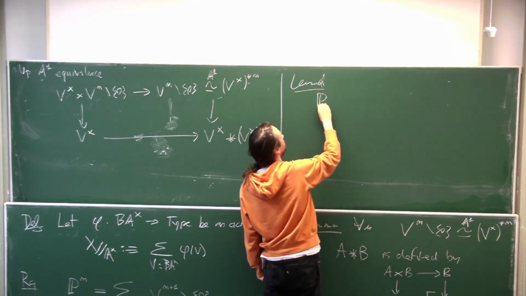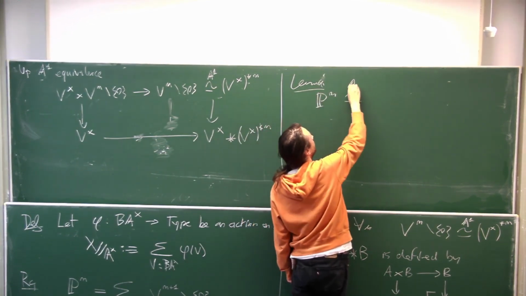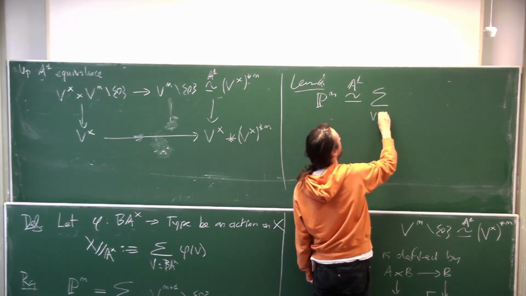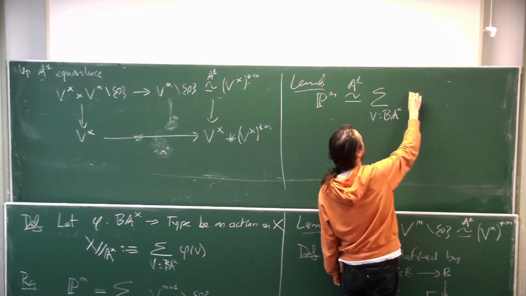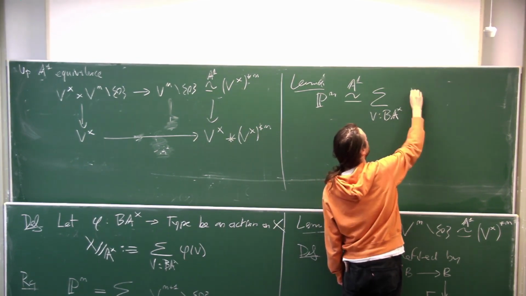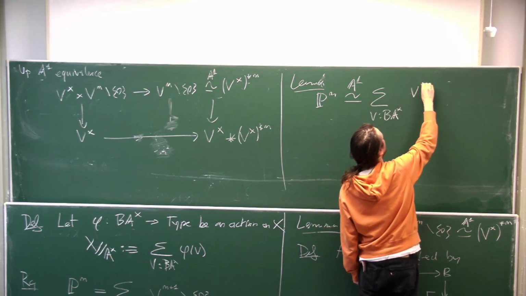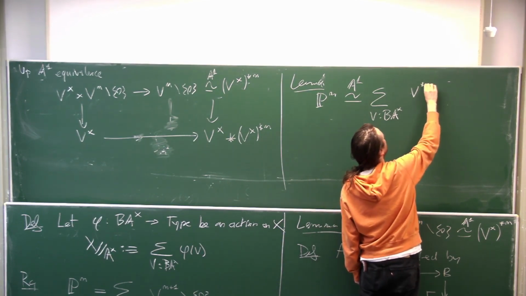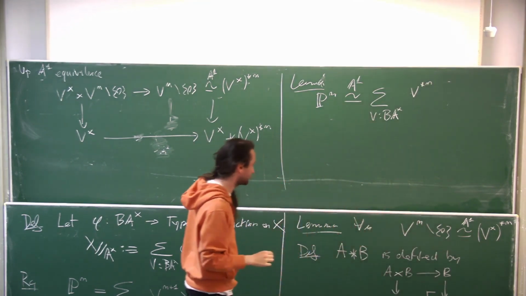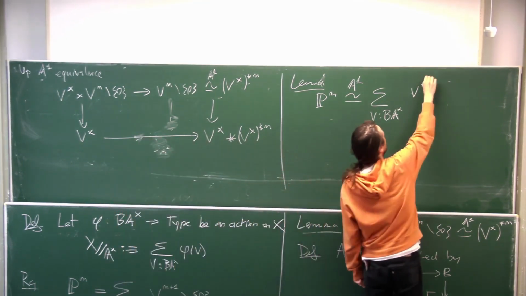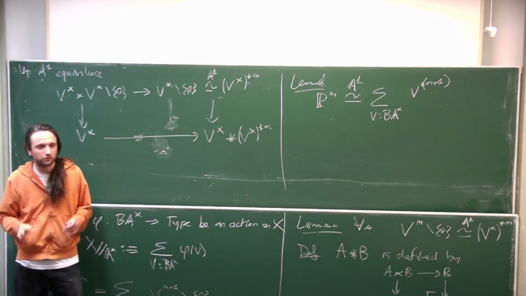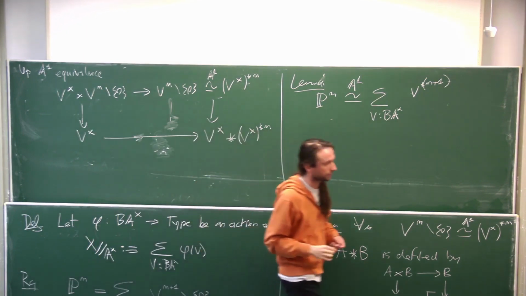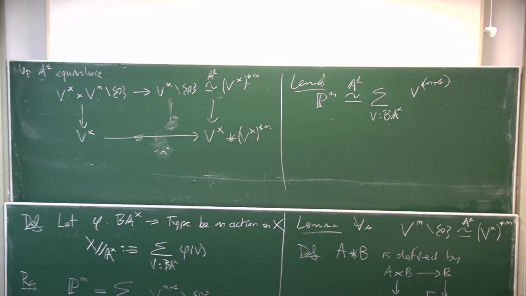And so from this, we get that Pn is A1 equivalent to the sum on V in Bi times of V joined n plus 1 times. It's a formula, and it gets particularly nice when we do this for P infinity.